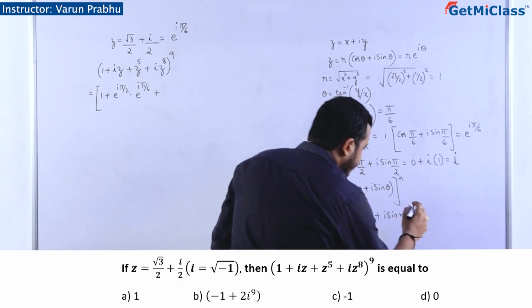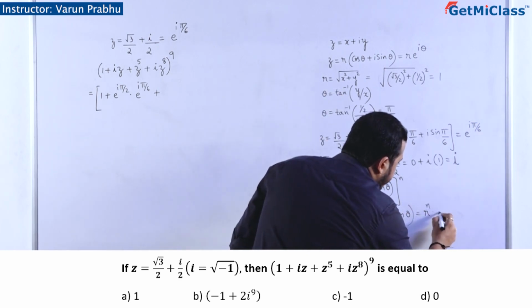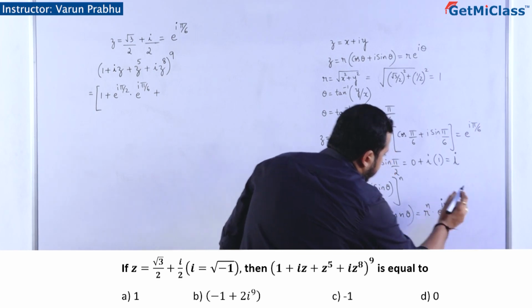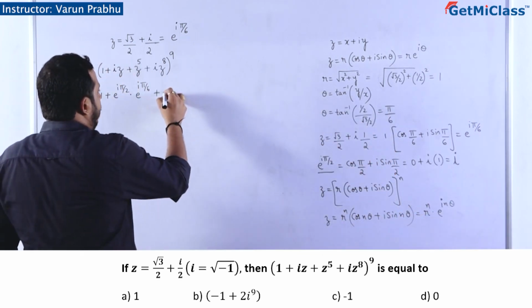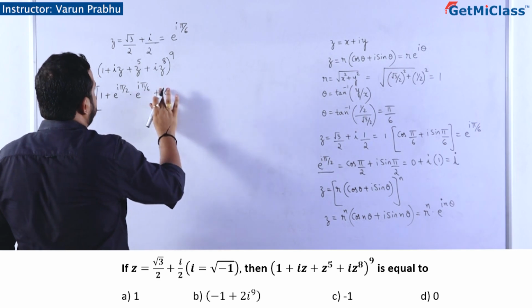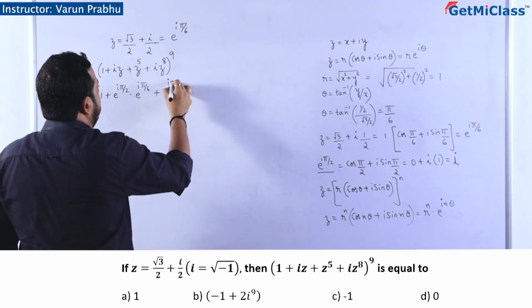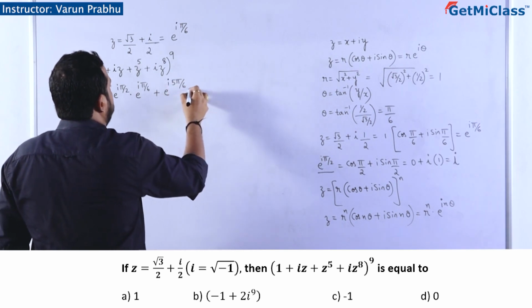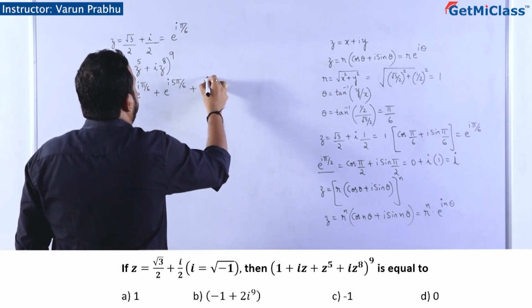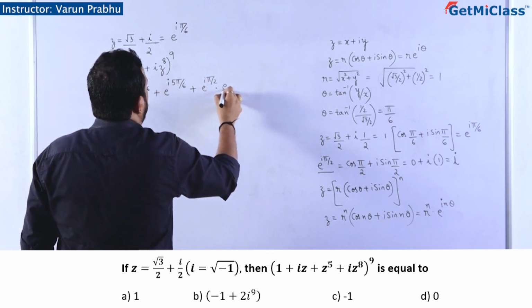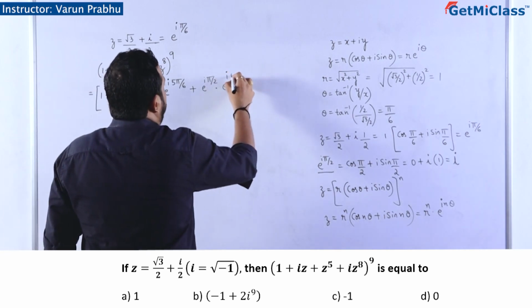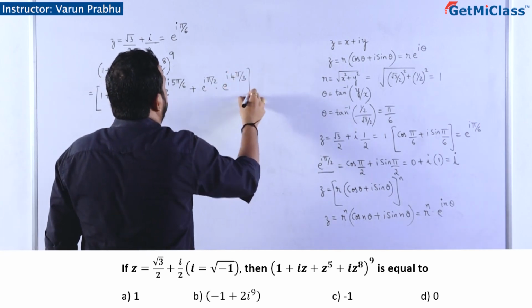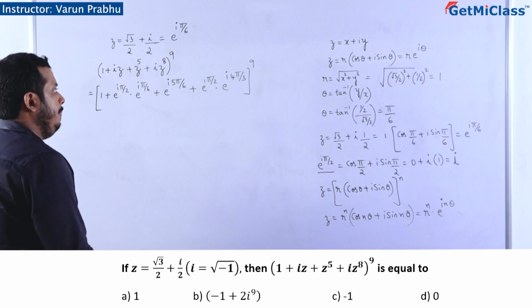Which can be written as r to the power n into e to the power I n theta. But in this case r is 1, right? I can write this as e to the power I into 5 pi by 6 plus e to the power I into pi by 2 into e to the power I into 4 pi divided by 3 whole to the power of 9.